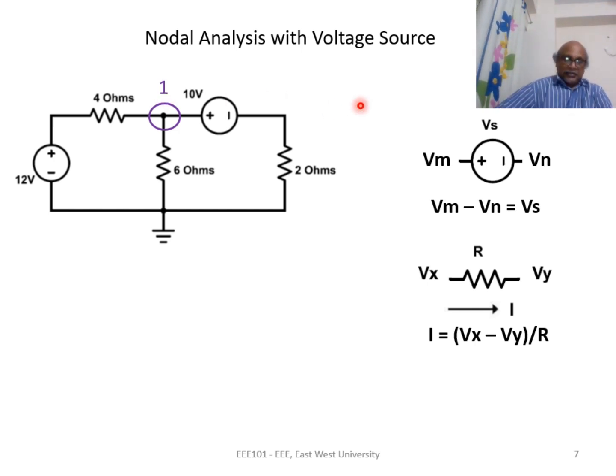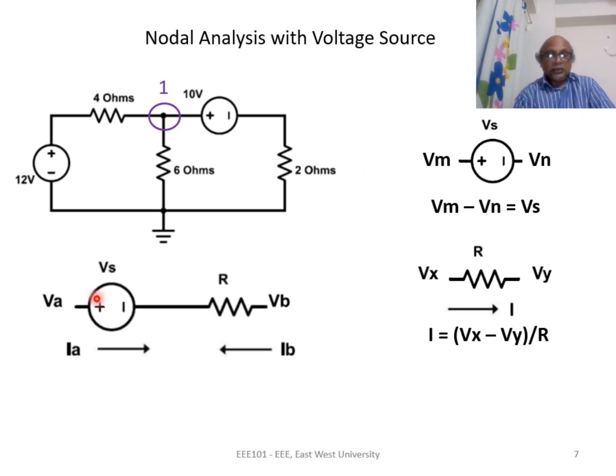Let's generalize this principle. I have already discussed this diagram and how to write Ohm's law using node voltages. We have discussed it in the previous class when we talked about nodal analysis first. So we will combine this together to get a situation where a voltage source is in series with resistance.